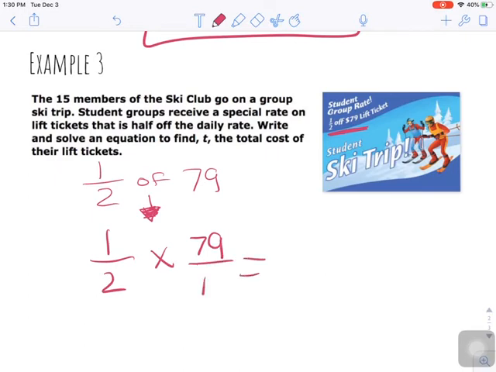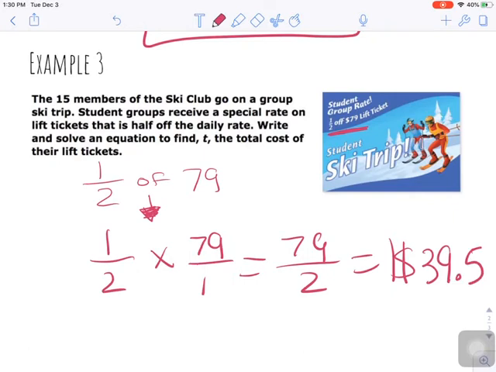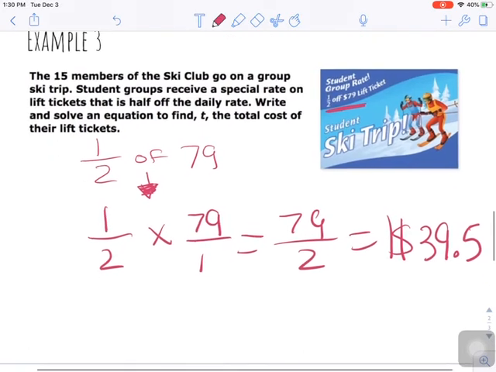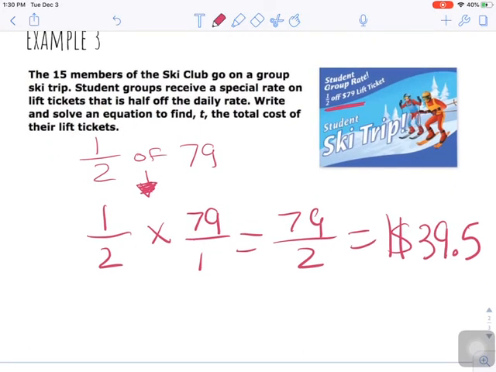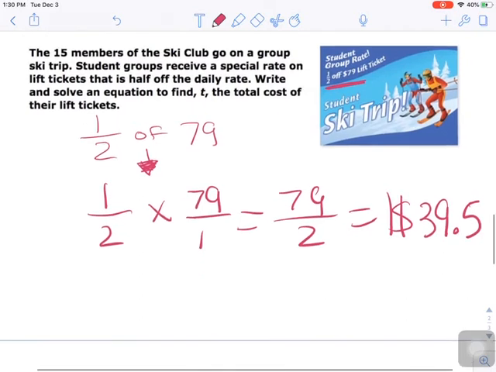So if I did 79 times 1/2, I'm going to have 79 over 2, which I then have to divide, which is the same as just doing 79 divided by 2, like I said. So with a student discount, they pay $39.50 for a ski trip. But I have a group of 15 members, so I want to figure out what their total is, because this is how much one person is paying.